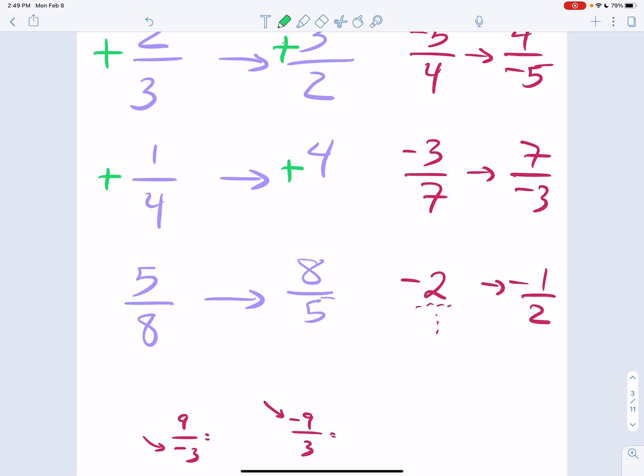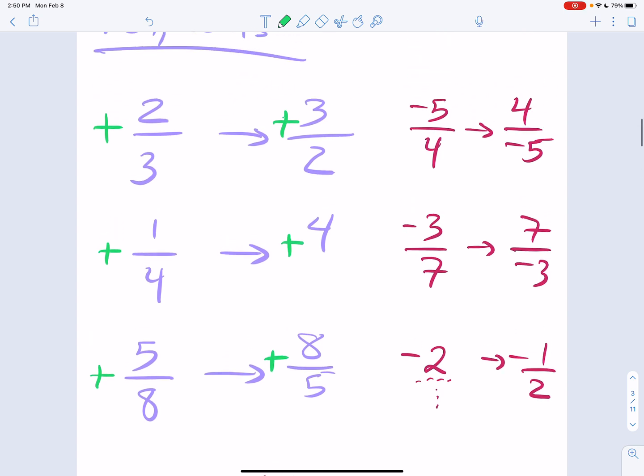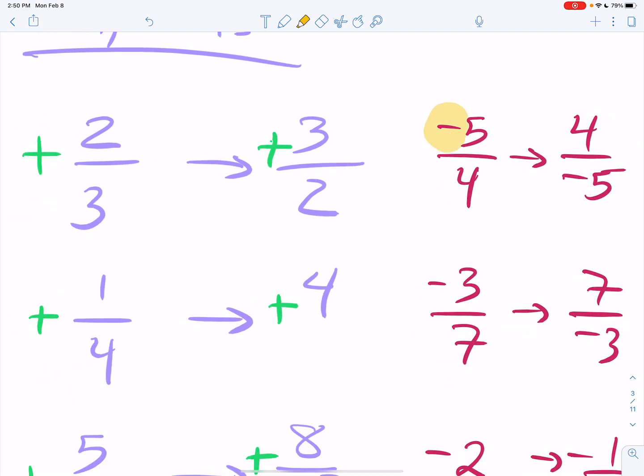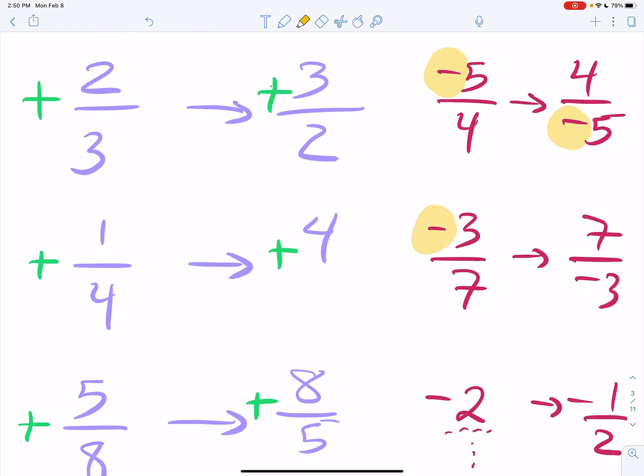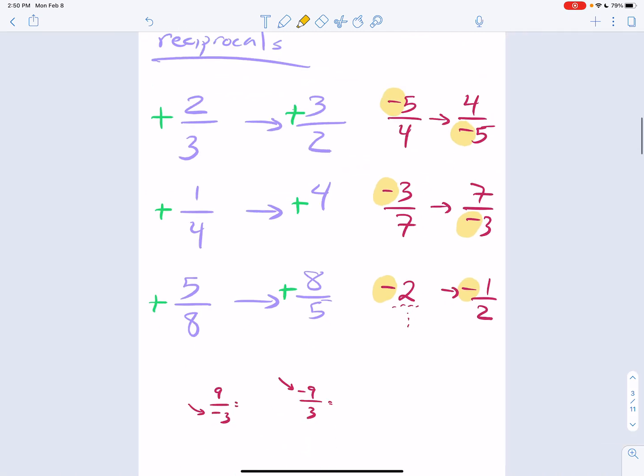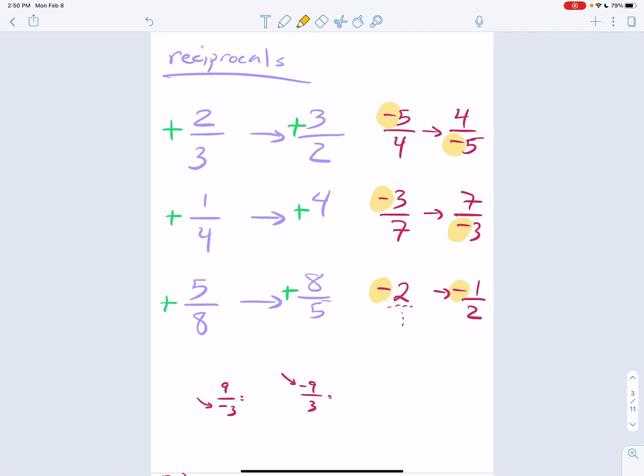Reciprocal was also positive. 5/8 started off positive, and the reciprocal came out positive. -5/4 was negative, and then once I took the reciprocal, it was still negative. -3/7 started off negative, and it ended up negative. -2 ended up as a -1/2. Here's my question to you guys. Does the reciprocal change the signs?